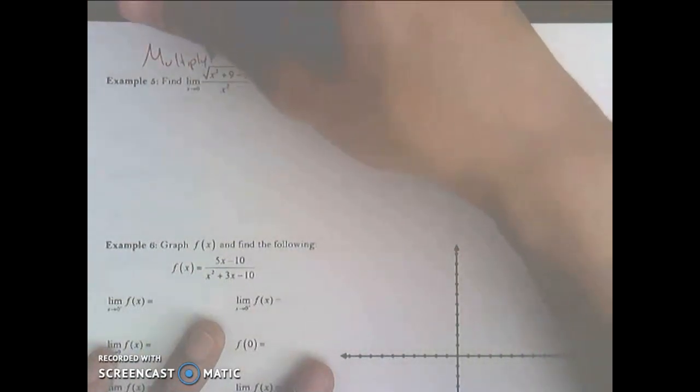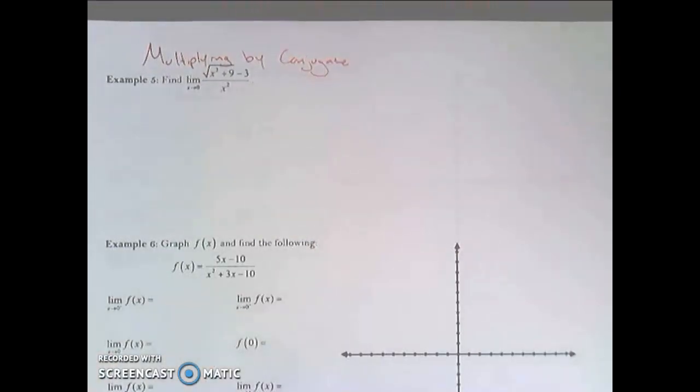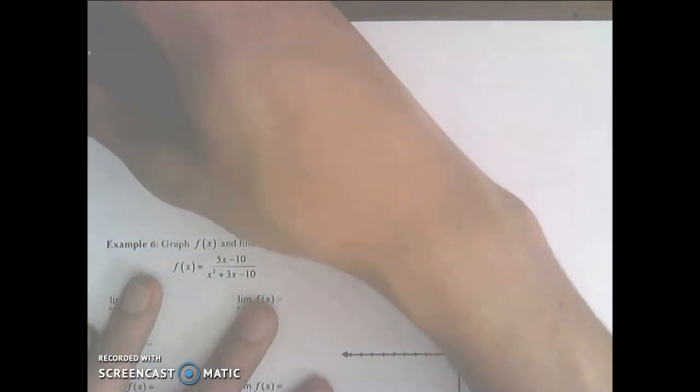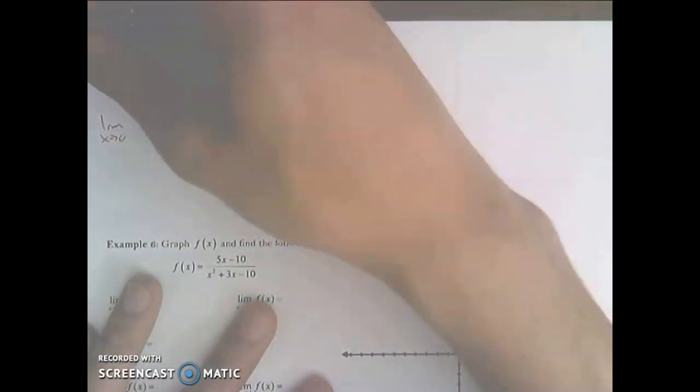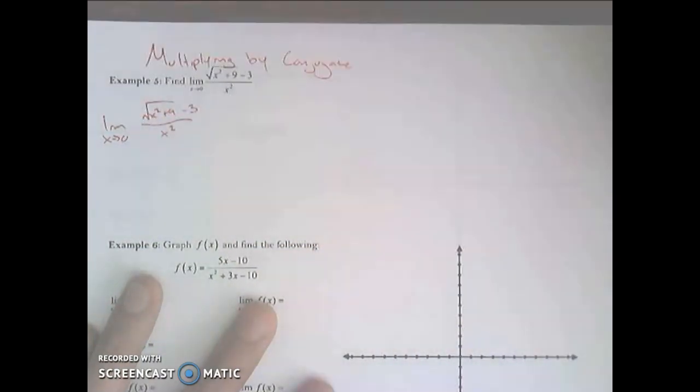We're going to be multiplying by the conjugate. As a reminder, if you've got x plus y, its conjugate is x minus y, and vice versa. So I'm going to rewrite it. We've got the limit as x approaches 0 of the square root of x squared plus 9 minus 3, all over x squared.